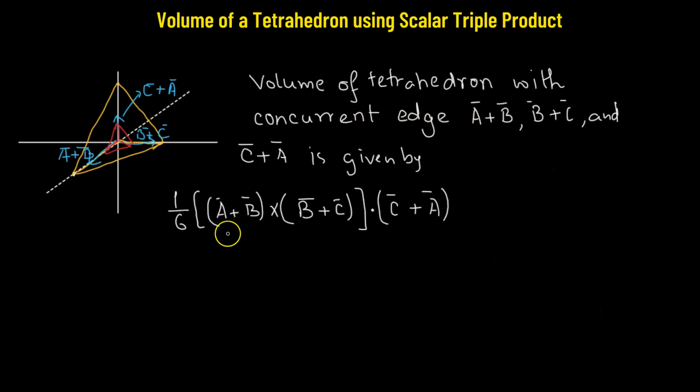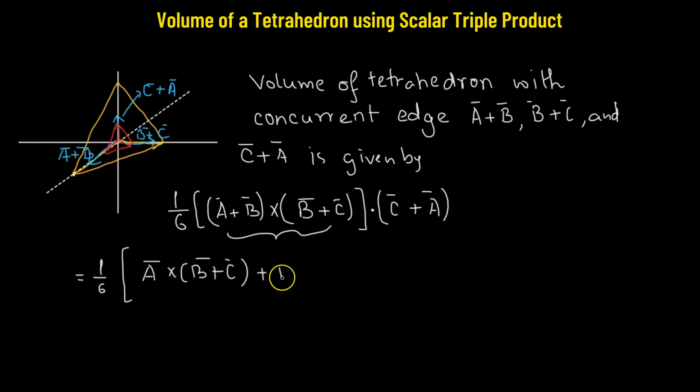We'll begin by expanding this cross product. So that will be 1/6 times a vector crossed with b plus c, plus b vector crossed with b plus c, and the result is dotted with c plus a.